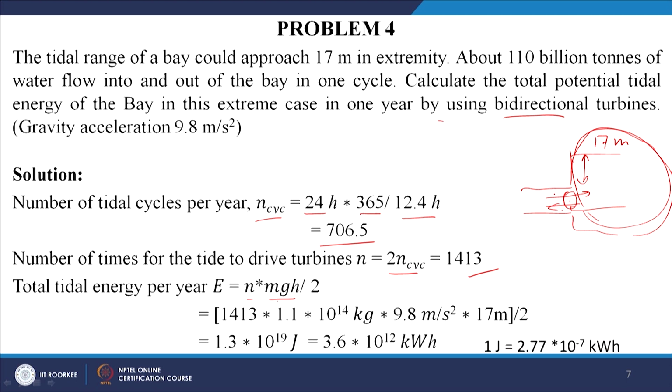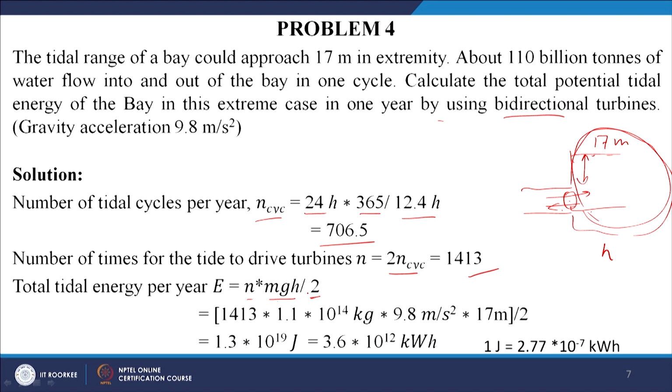In the case of hydro turbines, the energy expression was mgh, but here it is mgh by 2, because this height will not be constant. The maximum height h will be maximum initially, then it will reduce and come to 0, and in the other case it will be 0 and gradually increase. So, this will be divided by 2, the average is taken.